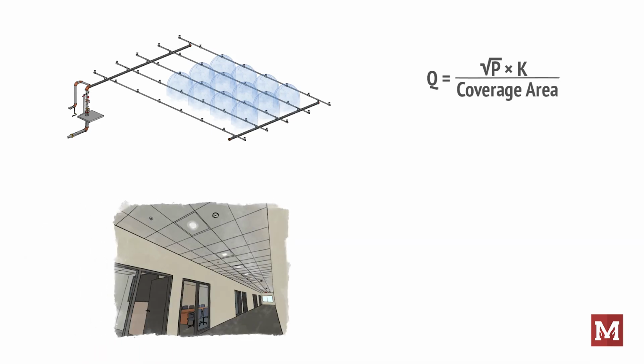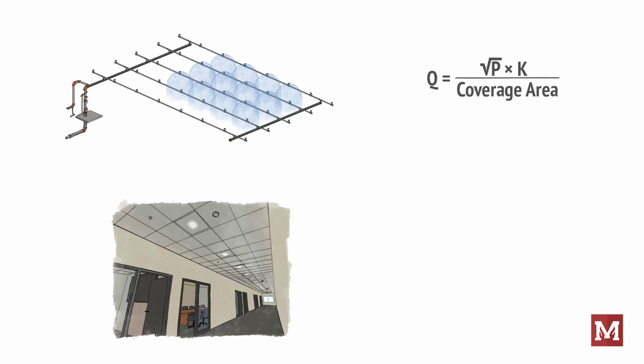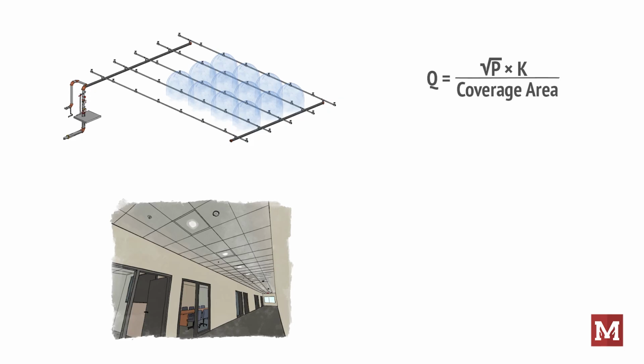As an example, let's look at that hypothetical light hazard area. Like we said, we'll need a density of 0.10 over 1,500 square feet. We're going to say that we designed this with K5.6 standard coverage pendant sprinklers spaced at our maximum allowable 15 by 15 spacing for 225 square foot coverage.